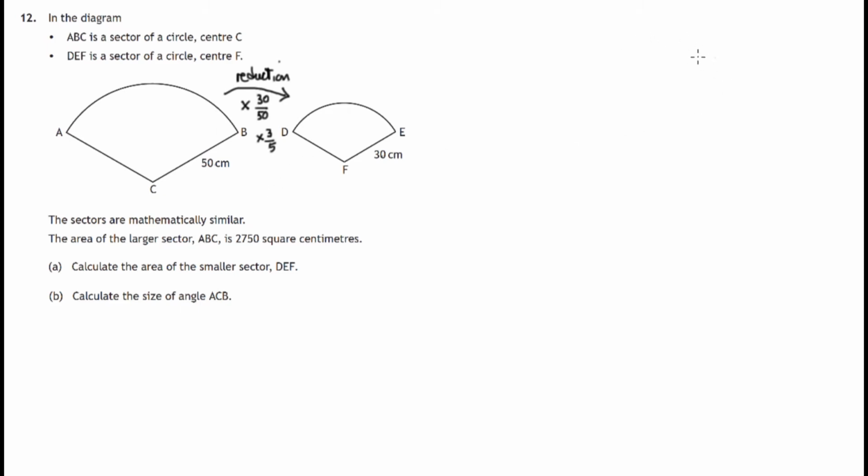It's the same sort of problem if we were in a situation, say, where that was 10 and then we reduced it to 5. You'd notice the reduction would be 1/2. You're halving lengths. 5 over 10 is the scale factor, 1/2. So that's the same here. We're doing 30 compared to 50, 30 over 50, 3/5. So all lengths in this small diagram are 3/5 of the corresponding lengths in the large diagram.